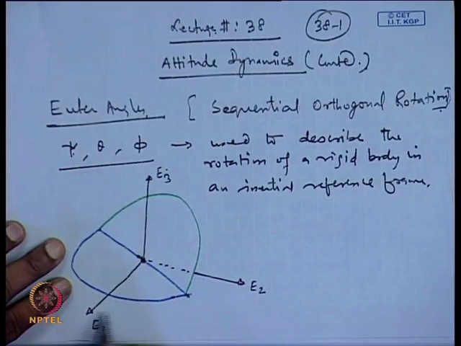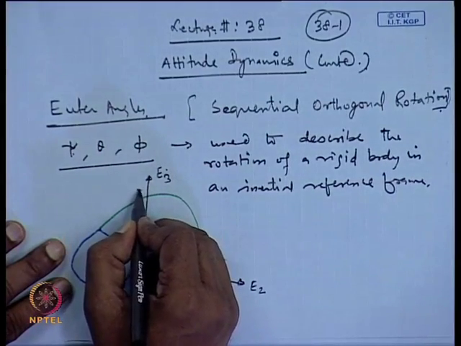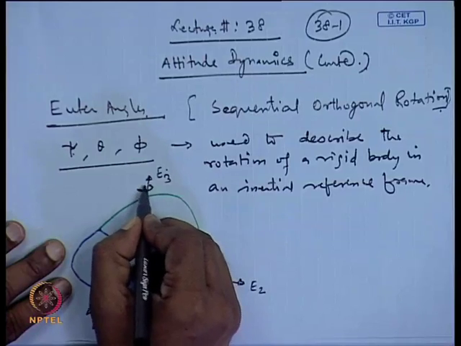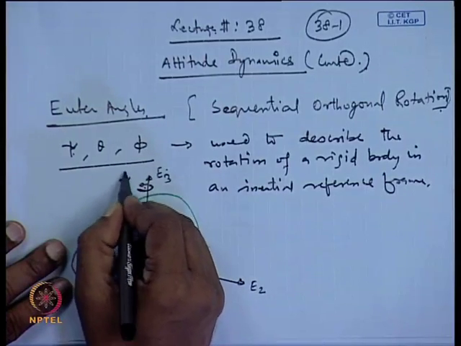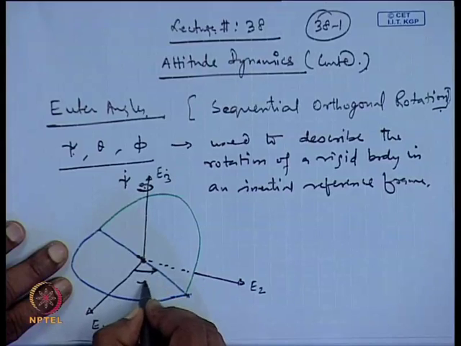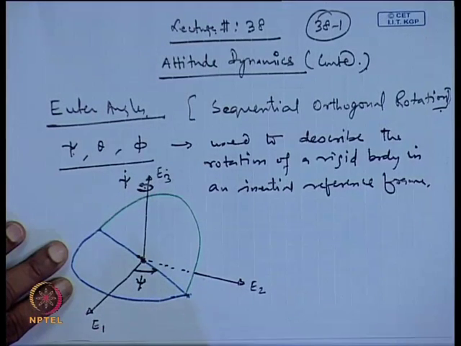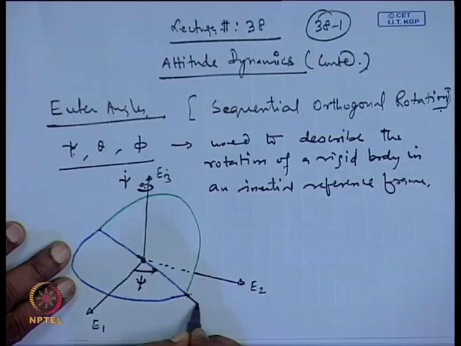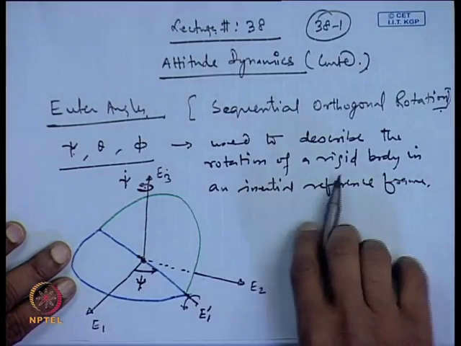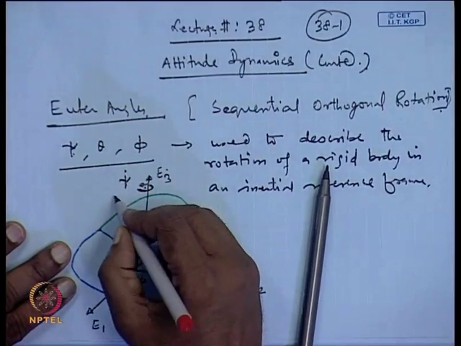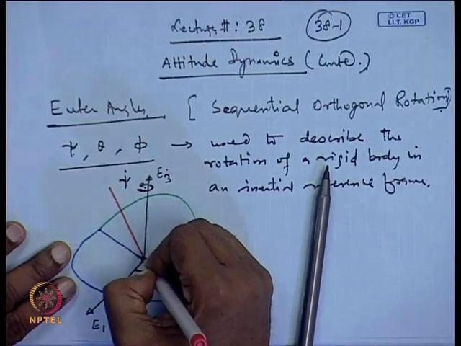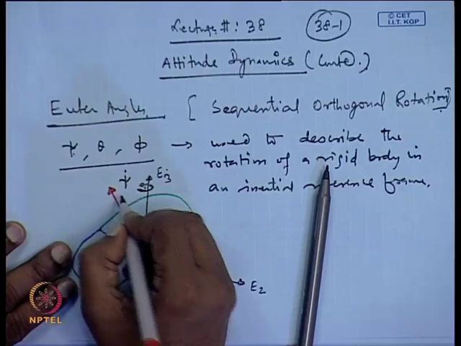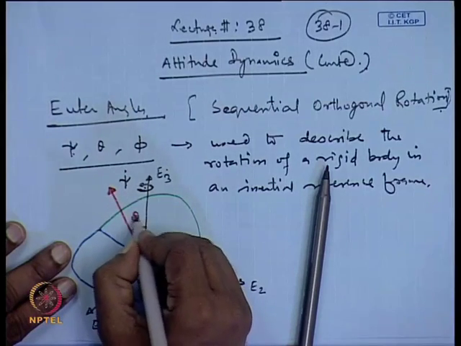Okay, so the first rotation was given about the E3 axis, and here we got psi dot and this angle we wrote as psi. Then the next rotation was given about this axis, which we can write as E1 prime. After the rotation, the resulting axis was, from here to here, theta.